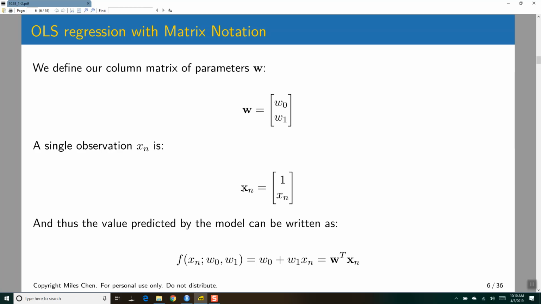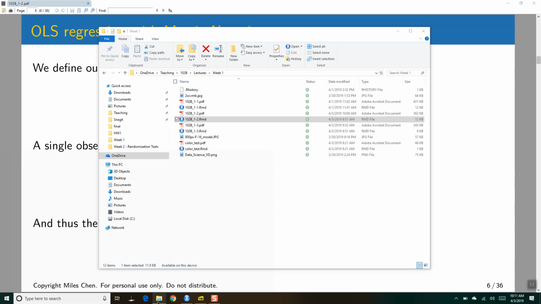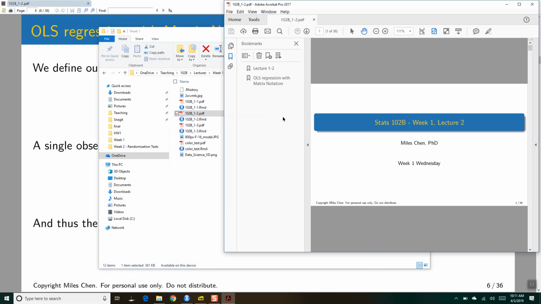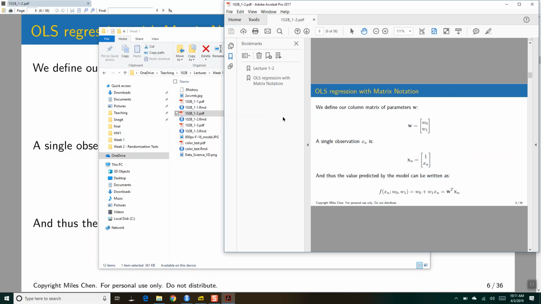Sometimes when you're taking notes, like on the computer, I have the ability to do bold print, and you do not, right? So in your notes, basically, you just put a little vector arrow above it. Let me see if I can draw on this.